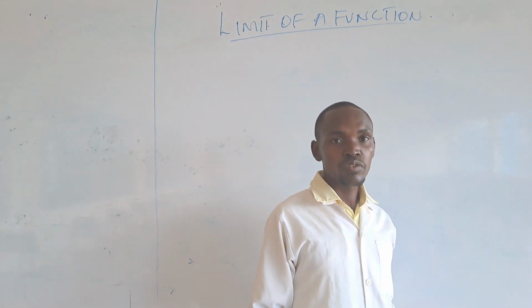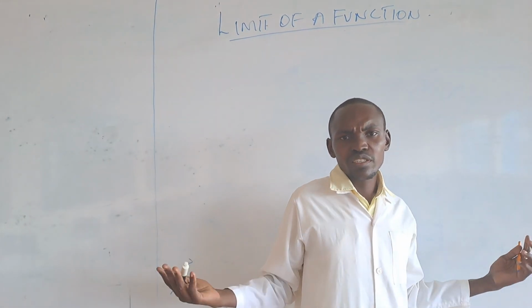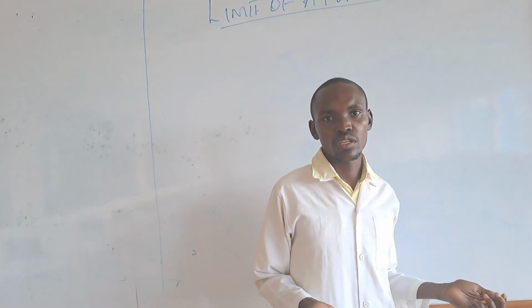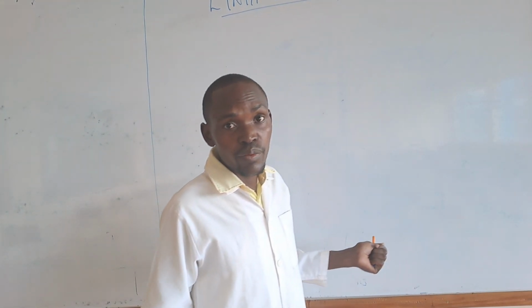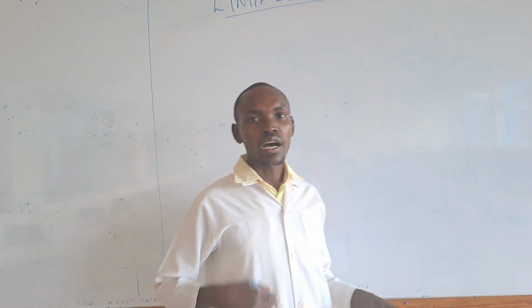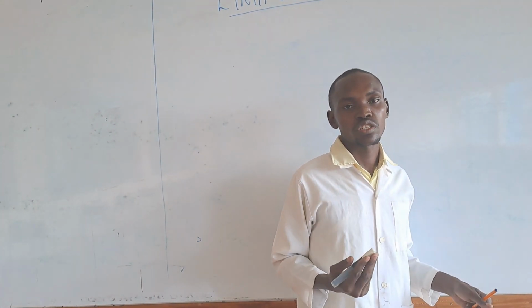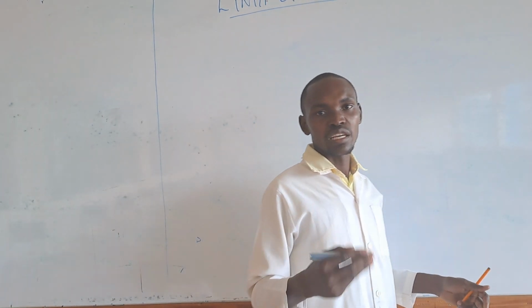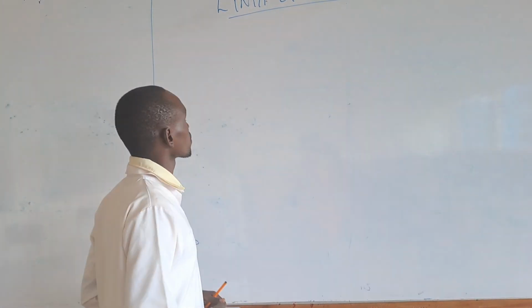And if you might be asked, what is this that we say limit? So the simplest definition of limit is just a number to which a function approaches. Limit is a number that a function approaches.